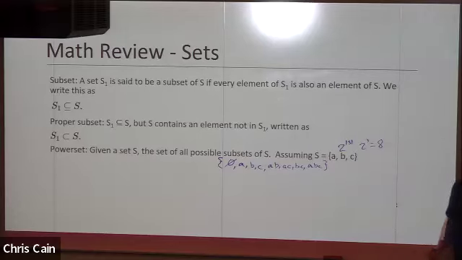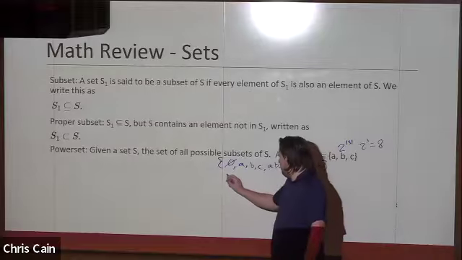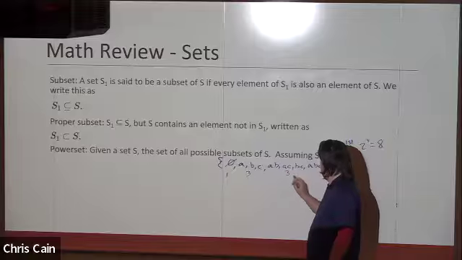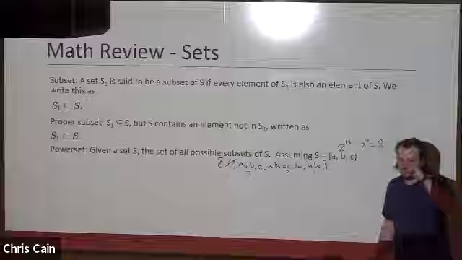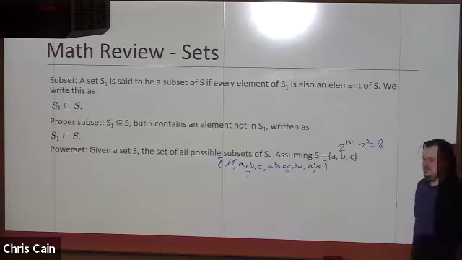The other way we could have tried to break this down is recognizing that this is a row of Pascal's triangle. In terms of the number of elements baked within this, there's one element of size 0, 3 elements of size 1, 3 elements of size 2, and one element of size 3. So this is exactly the third row of Pascal's triangle.